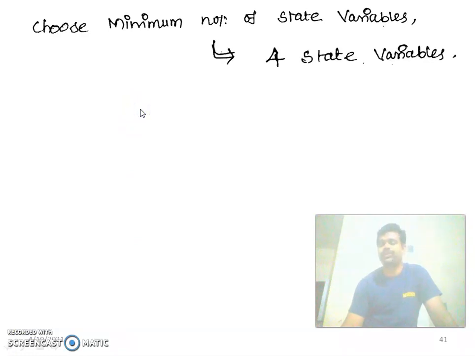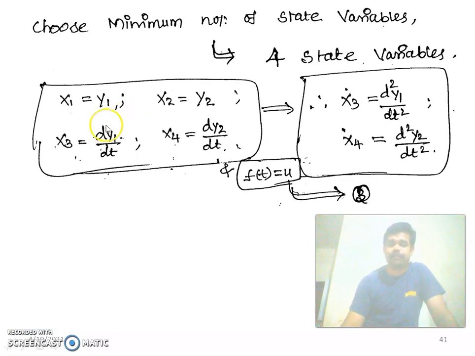Now we are going to choose the state variables. The state variables are x1 equal to y1, x2 is equal to y2, x3 is equal to dy1 by dt, and x4 is equal to dy2 by dt. These four are the state variables, and f of t, the applied force, is nothing but the input.